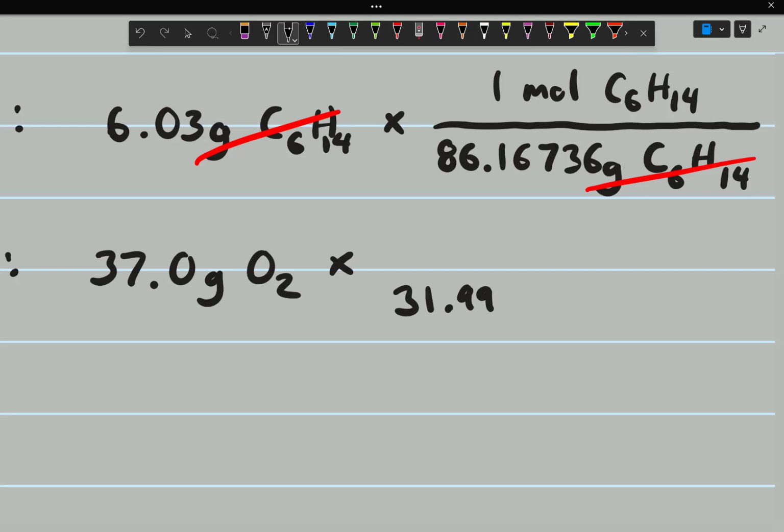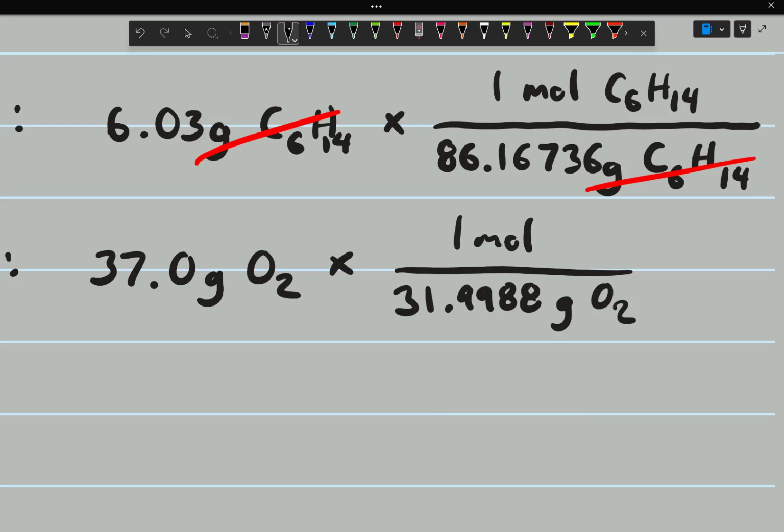The molar mass of oxygen is 31.9988 grams of oxygen for every 1 mole of oxygen.